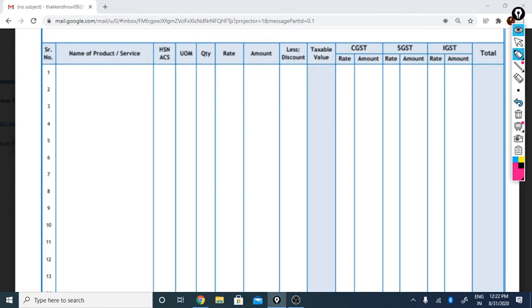The next is the rate of tax: CGST, SGST, IGST and if applicable cess, and the amount of individual taxes has to be mentioned, and if applicable cess amount also has to be mentioned.